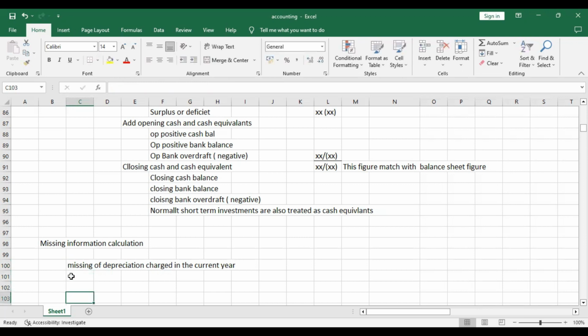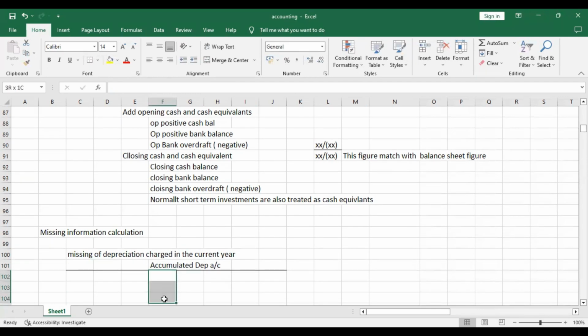How to calculate? You can prepare a small T format account. What is that? Accumulated depreciation account. This is a liability account because this is a provision account.